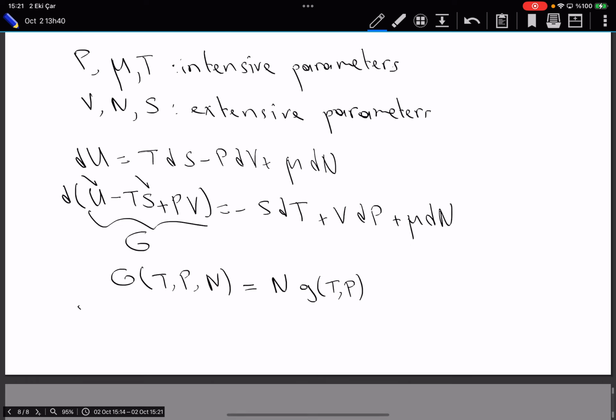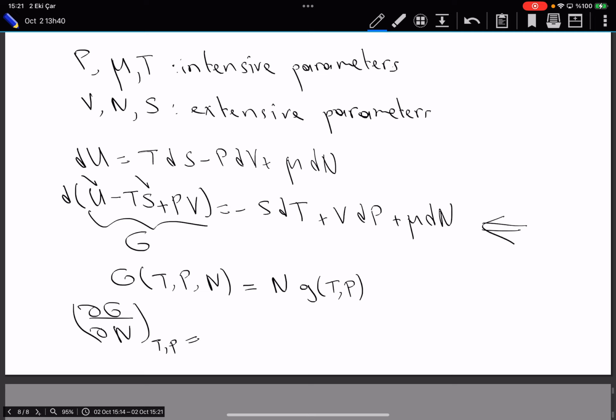Now, what is the derivative of G with respect to N at constant temperature and pressure? If you look at this definition over here, in terms of S, V, and mu, what is that derivative of G with respect to N? Hmm? No, well, you see, look at this relation first. It's just mu.